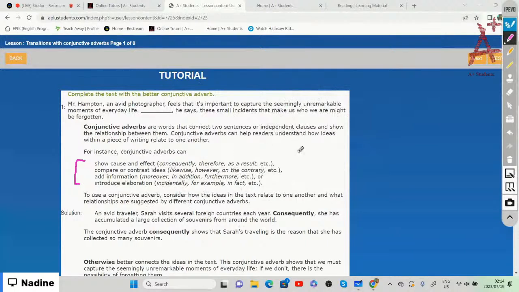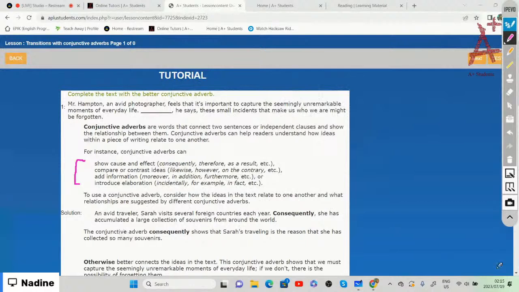But now you'd like to add information to whatever you had mentioned. Then you can say moreover, in addition, because now we know you are adding on, you are saying in addition to what you had just discussed. Furthermore, right, you are adding based on what you had discussed.